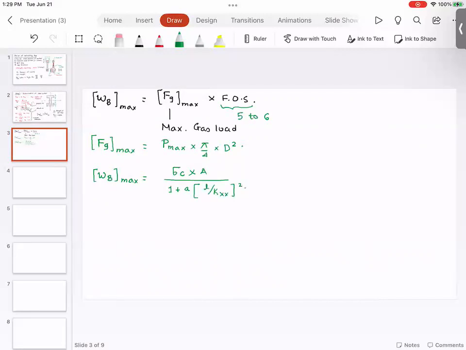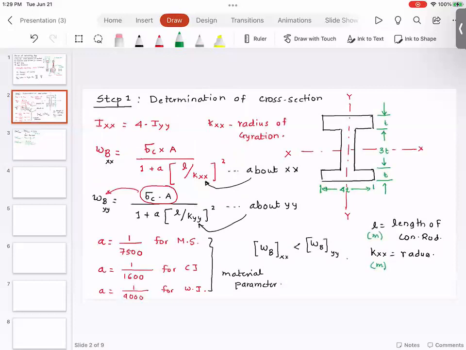Now, since this cross section is a standard cross section, we can find out this entire area in terms of T, because think about it that there are 3 areas. So we have this area on top, we have this area on bottom, and we have this area.